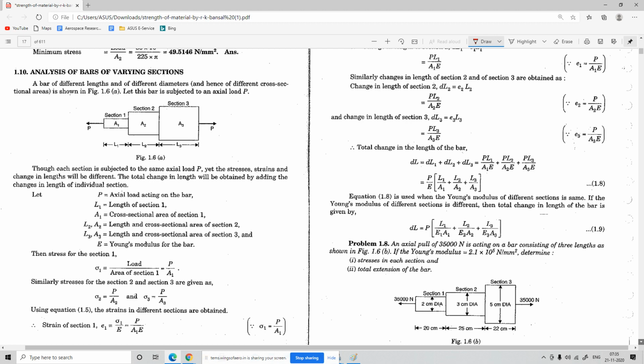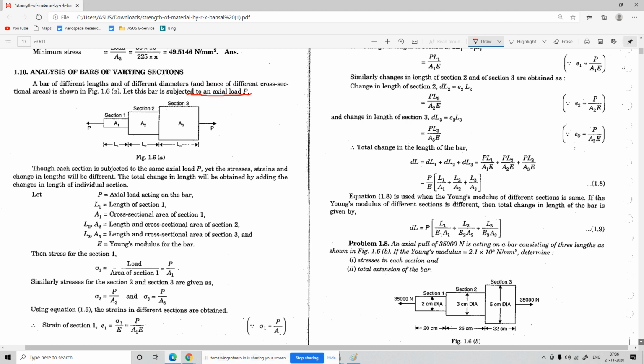Each bar has different length and maybe different cross-sectional area, but they are subjected to the same axial load P, and all the bars are of the same material.